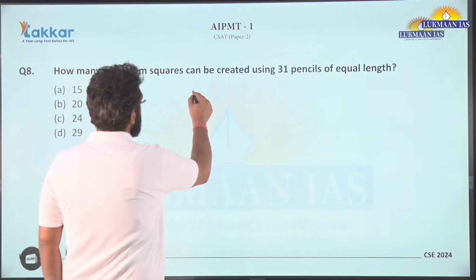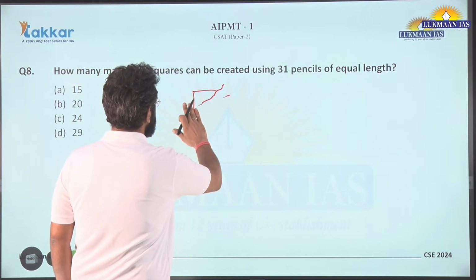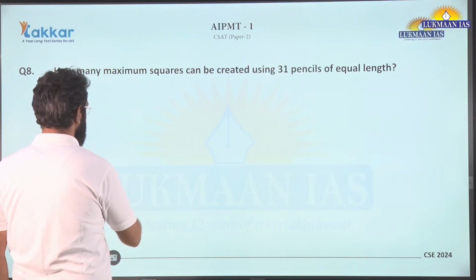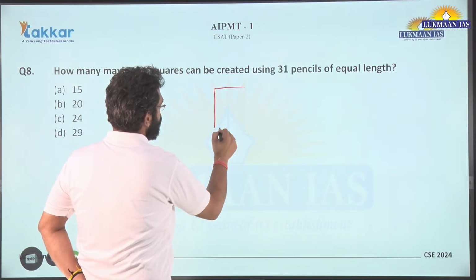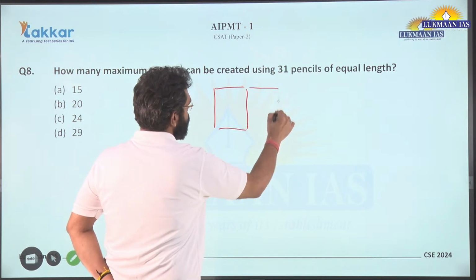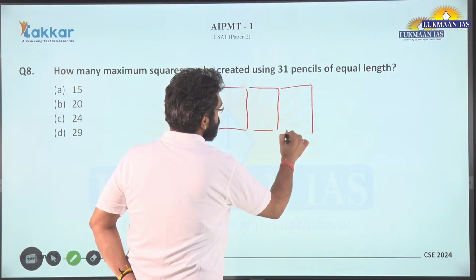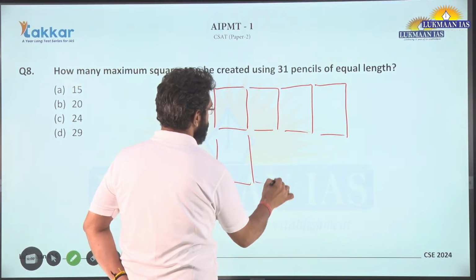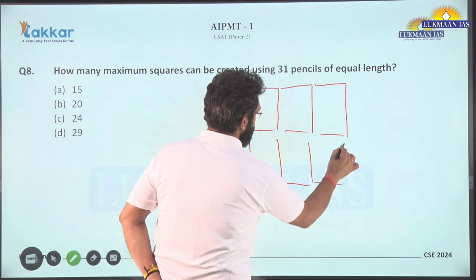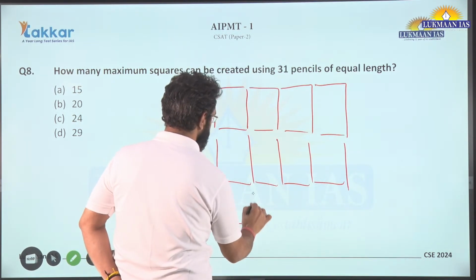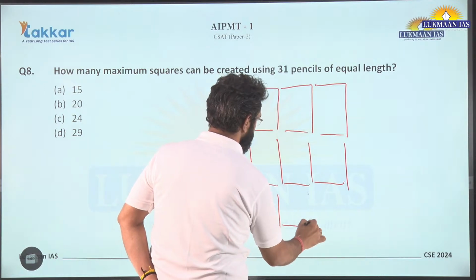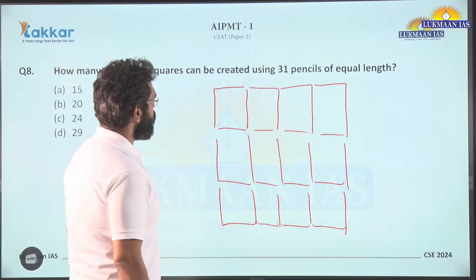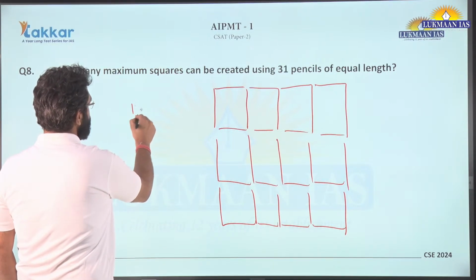Let's see. 1, 2, 3, 4, 5, 6, 7, 14, 15. So we have got at least 12 squares in this case.